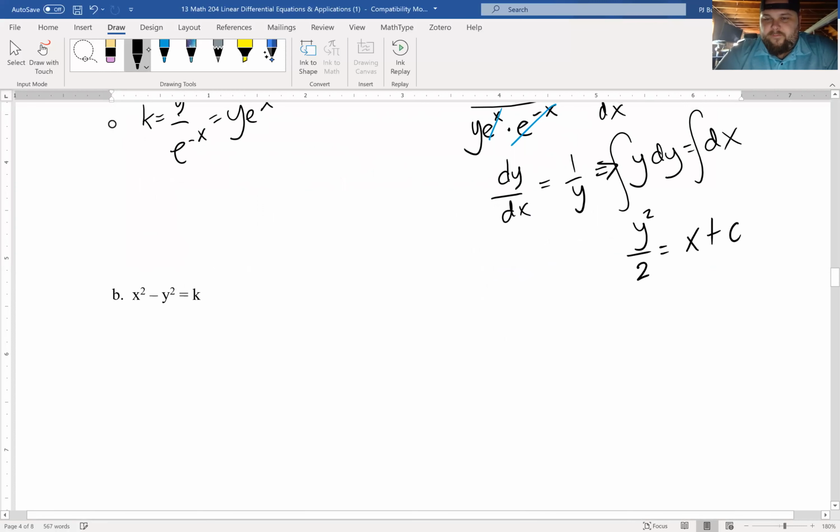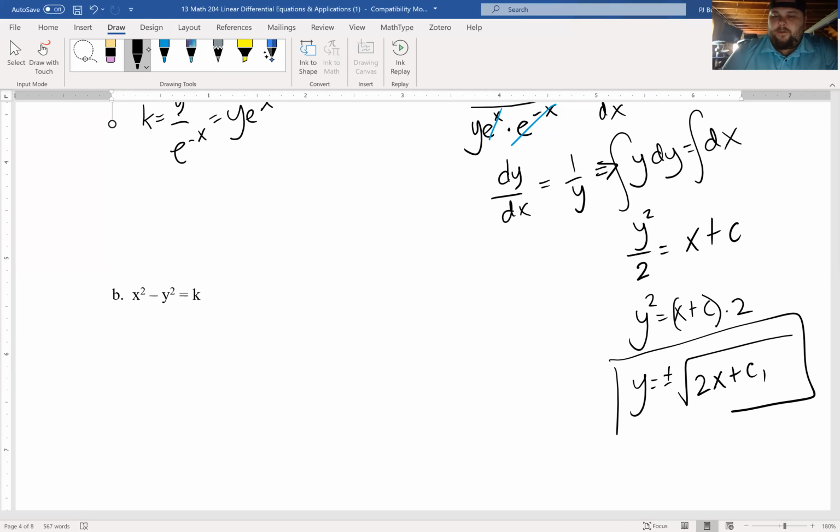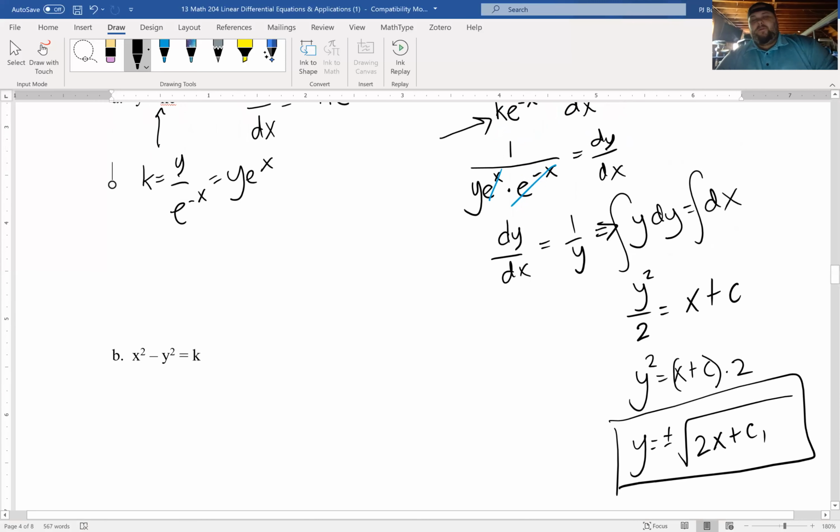To finish up, we move the 2 over and take a square root, and I'm going to write it like that. So it shows that the square root function should be orthogonal to those negative exponentials.